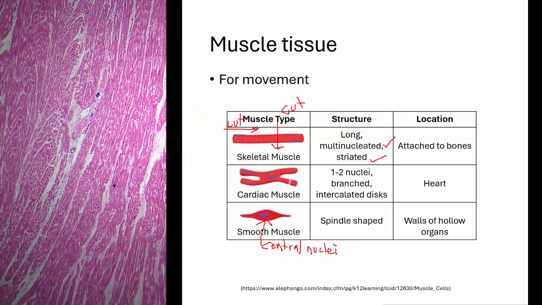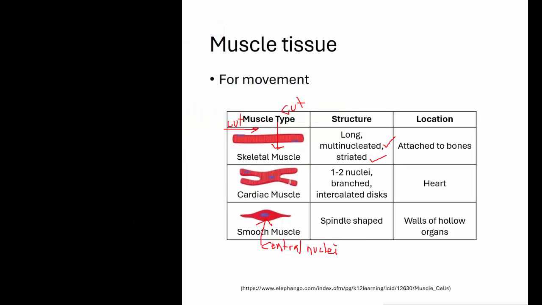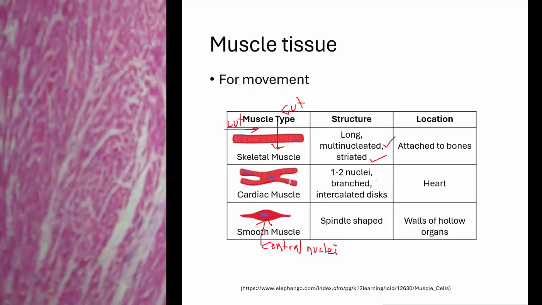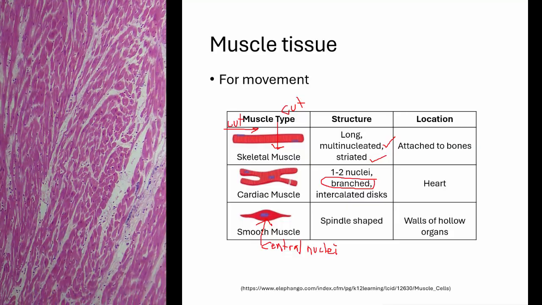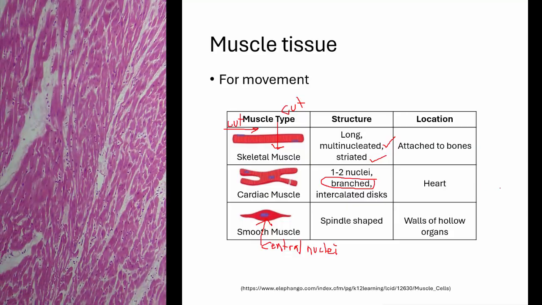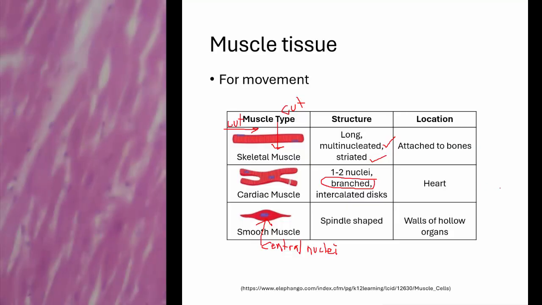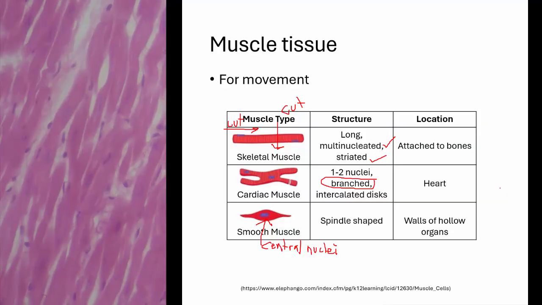And lastly, cardiac. Cardiac, you can see because it's not really just contracting in one direction, it's sort of a three-dimensional movement. There's more than one nucleus per cell, which might be hard to see, but you can see that they are branching.